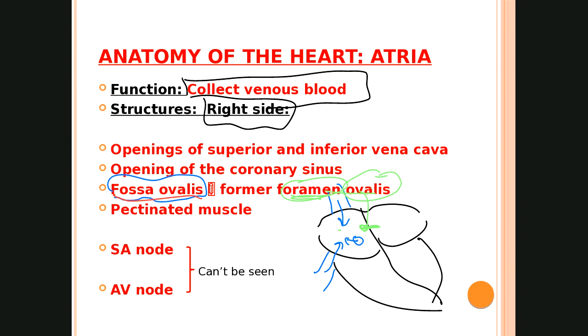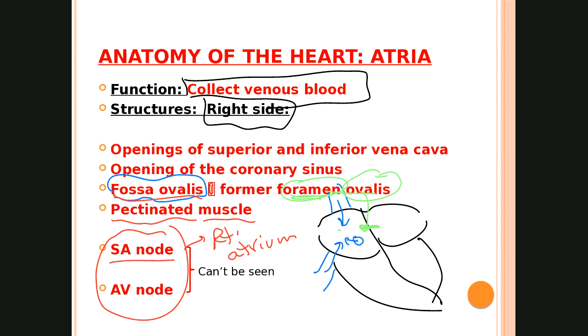Okay. Another feature of the right atria is these muscle ridges on the anterior aspect of the wall of the atria called pectinated muscle. I'll show you a picture in just a second. Two other features unique to the right atrium are the SA node and the AV node.